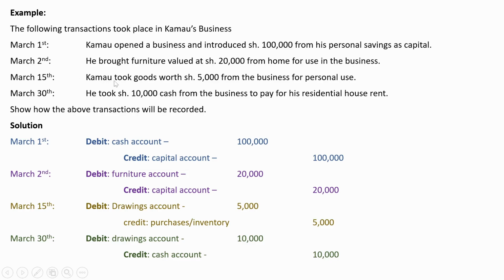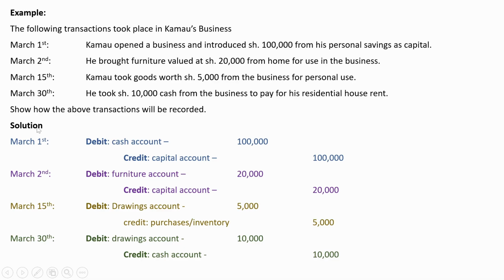On March 15th, Kamau took goods worth 5,000 from the business for personal use. On March 30th, he took 10,000 cash from the business to pay for his residential house rent. Show how the above transactions will be recorded.